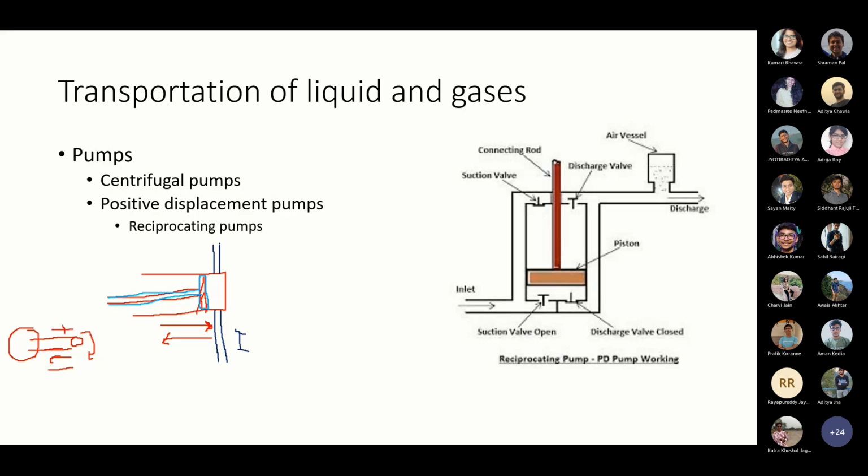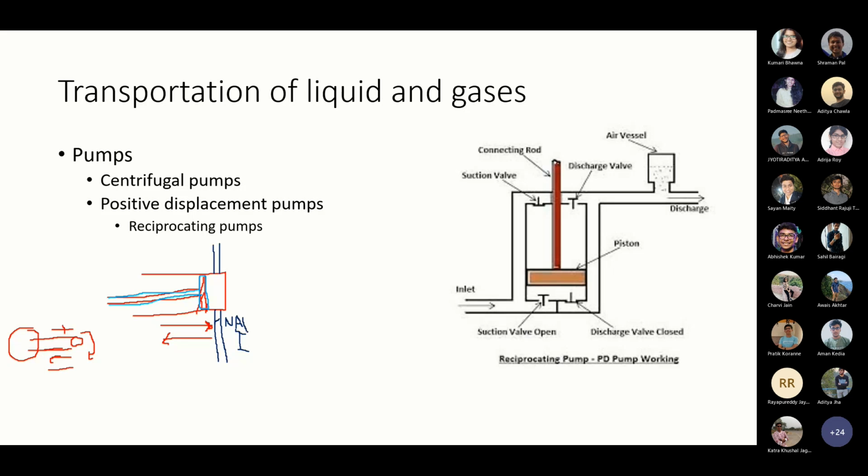In this pipeline, we have a valve. This valve is a non-return valve, NRV.